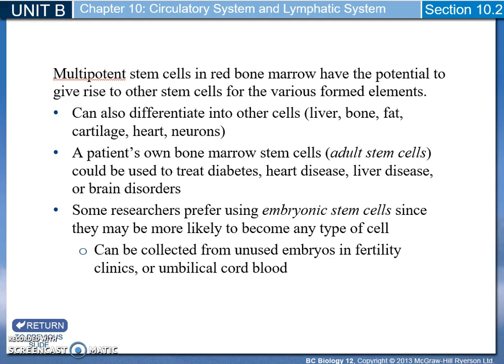Controversial for the reason that those opposed to doing this are suggesting that the use of embryonic stem cells can lead to further abortion procedures being carried out for the purpose of just simply harvesting these kinds of cells.